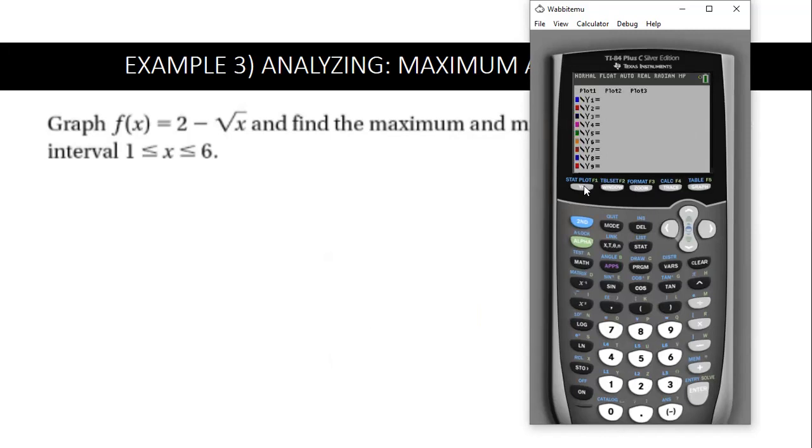So we're going to put in y equals. So I go to y equals and we're typing in 2 minus the square root of x.